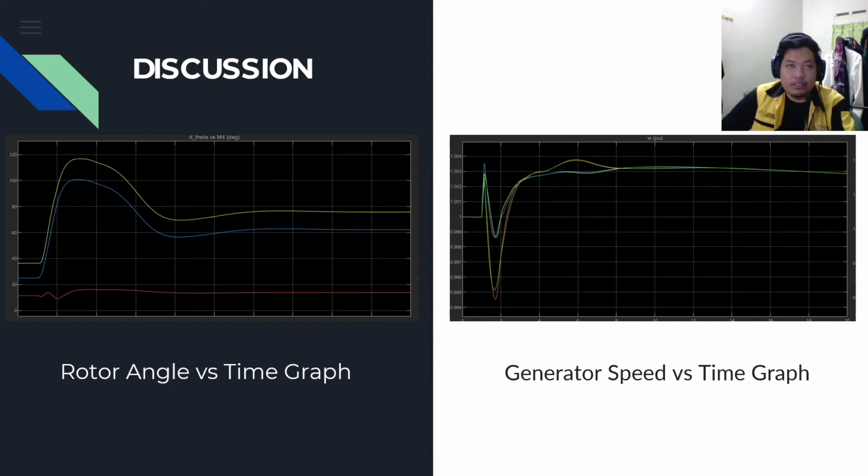In addition, the rotor angle graph reveals that generators 1, 2 and 3 remain stable and revert to equilibrium after 6 seconds, while the 50% load decrease occurred at bus 9 at time 3 seconds.